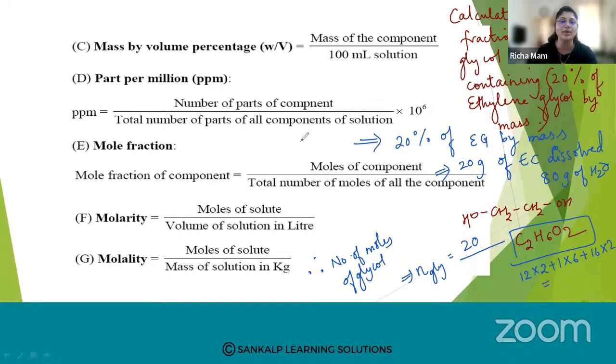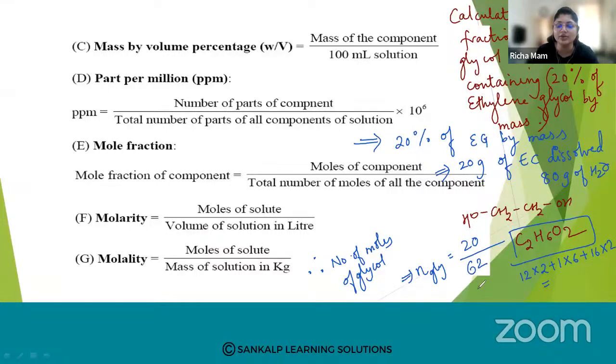Find the total mass here, students. How much is it coming? Yamuna has already told the answer: 62. Yes, it is 62.